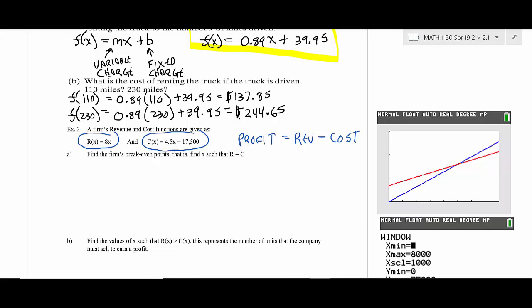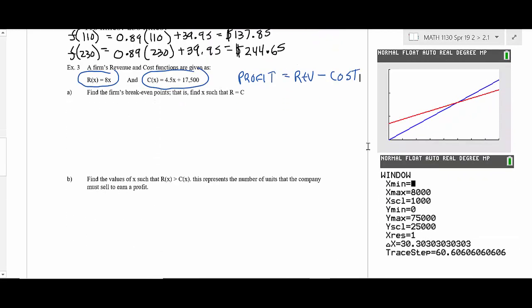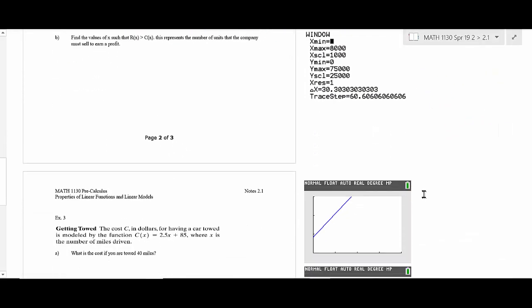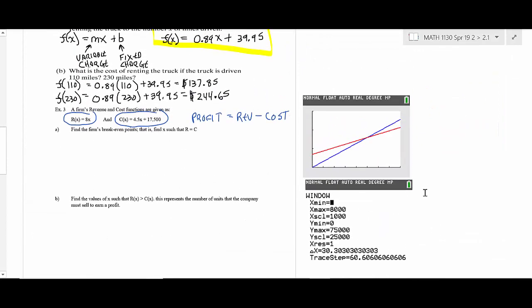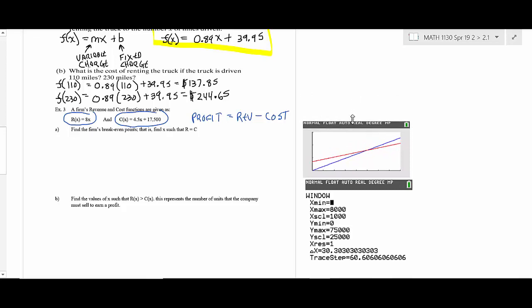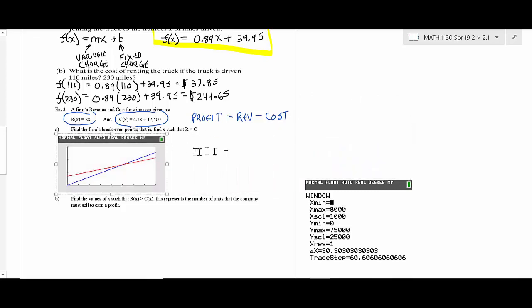So what we're going to do on this is I want you to really just look at this graph. You don't need to put this in on your calculator. I'd like you to make a sketch, but what I did, and let me zoom out on this a little bit, I just did this before class to save a little bit of time. I'm going to have you just sketch a little graph to refer to.